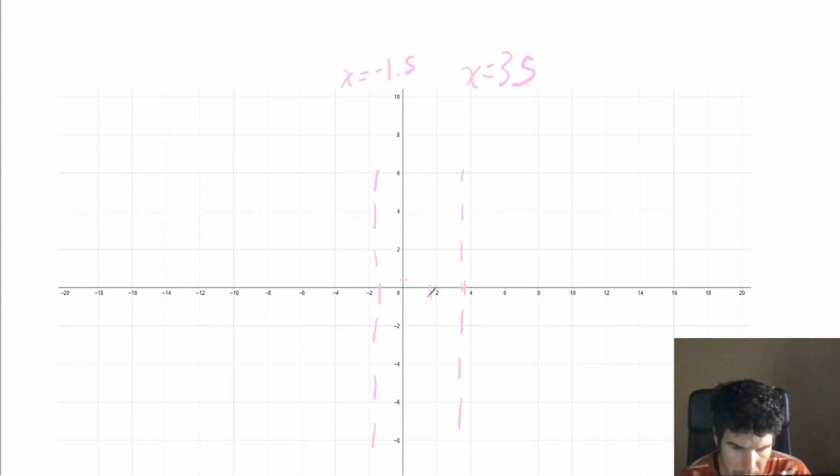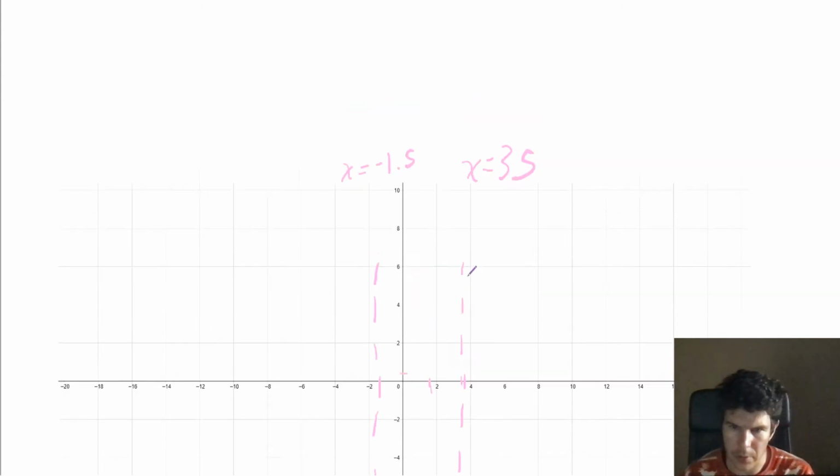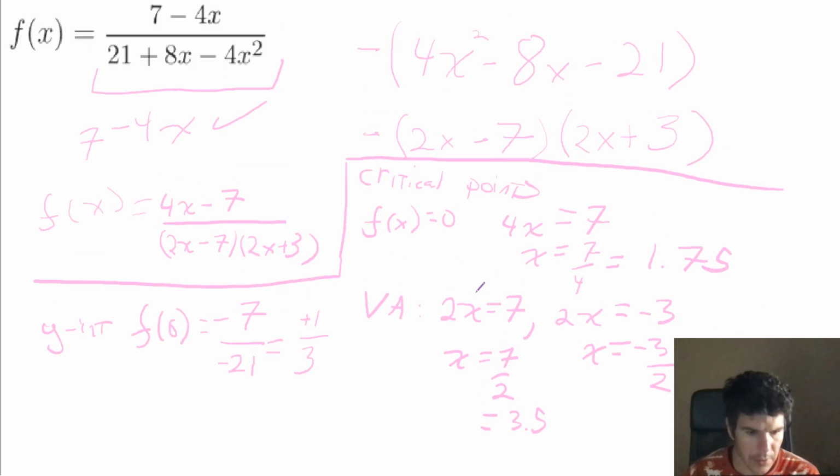And here is just our x-intercept, which I will not label at the moment. So we can see already in the middle some kind of curve going through the y-intercept and then the x-intercept here. You can guess what it will look like, but to finish off, what we will do is first find our horizontal asymptote.